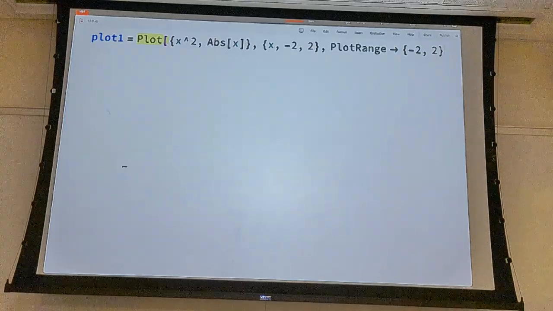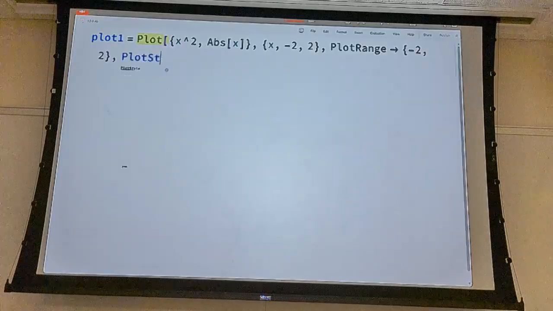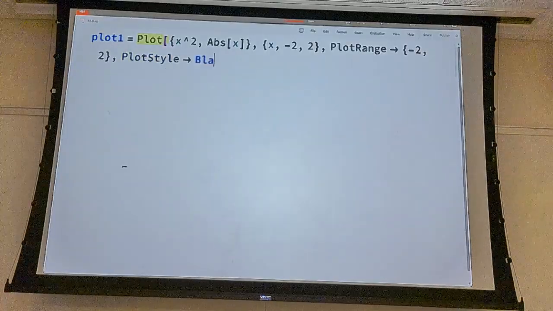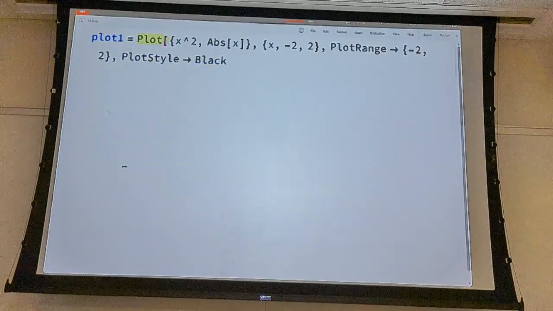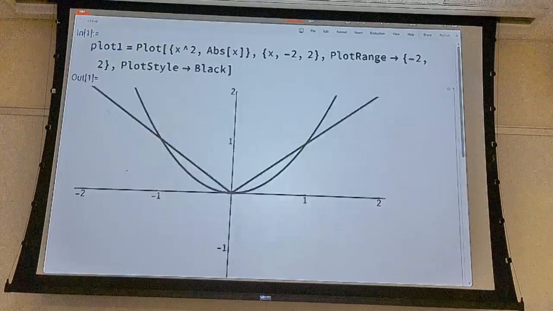We'll see. I don't like Wolfram's default colors, and that should be good. No, that looks very good.